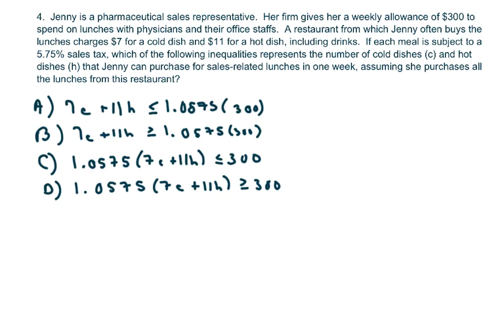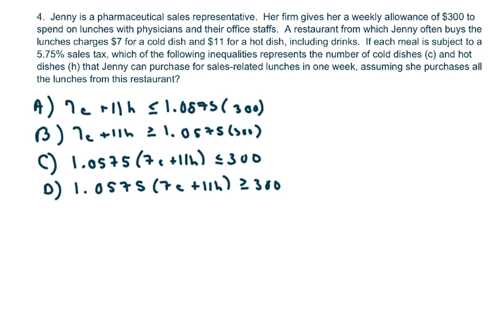Each meal is subject to a 5.75% sales tax. Which of the following inequalities represents the number of cold dishes and hot dishes that Jenny can purchase from this restaurant?